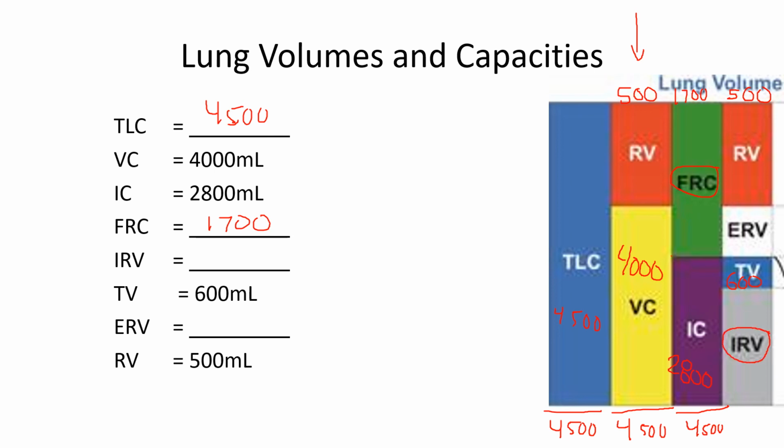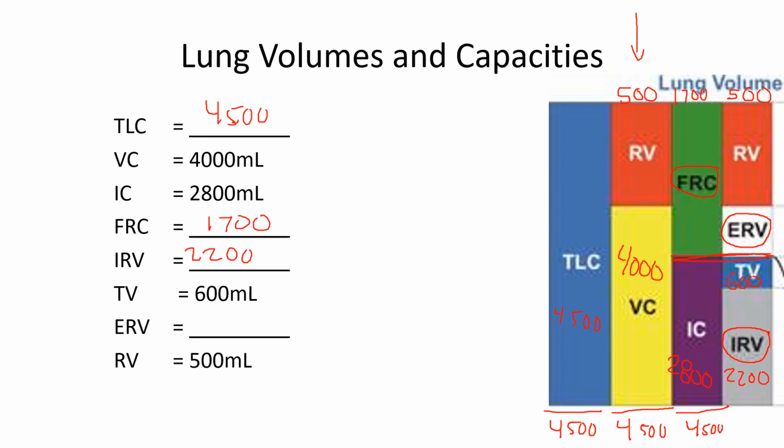So this lower, smaller column should be 2,800. 2,800 minus 600 equals 2,200. And the last volume we need to solve for is ERV, expiratory reserve volume.